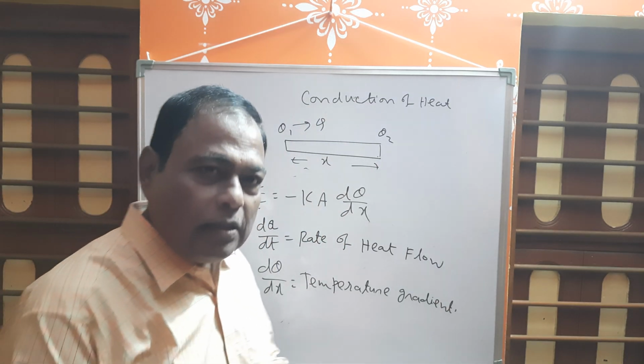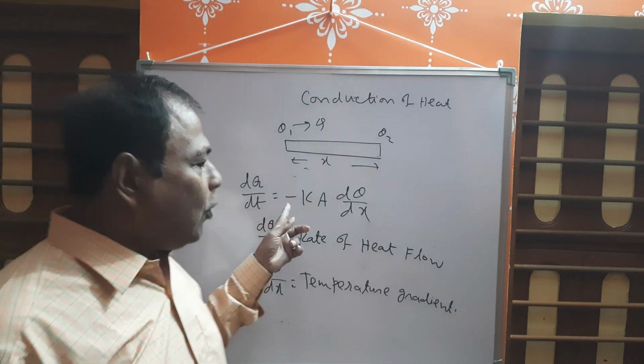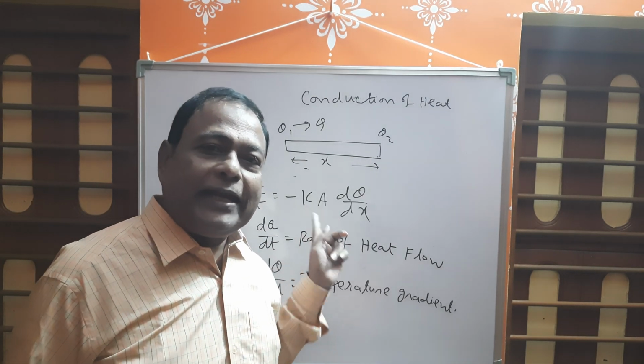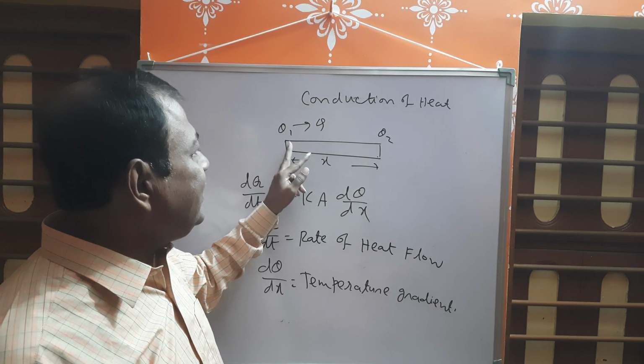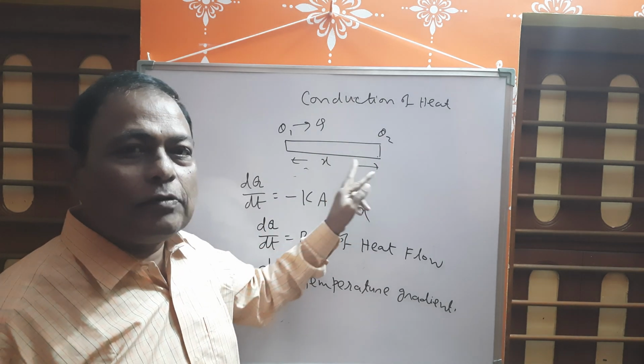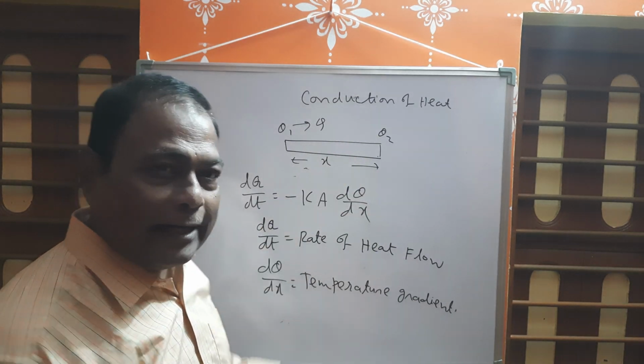And you can ask why the negative sign. The negative sign means that with distance the temperature is falling. Here is a high temperature, and the temperature falls with x or thickness. Hence the negative sign.